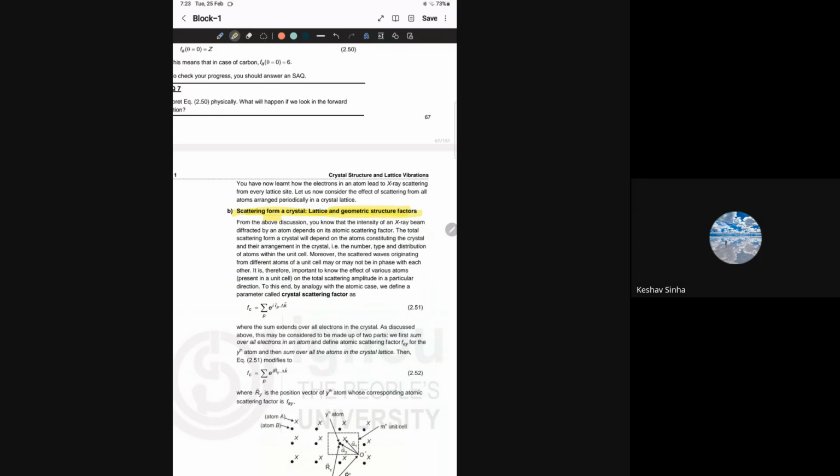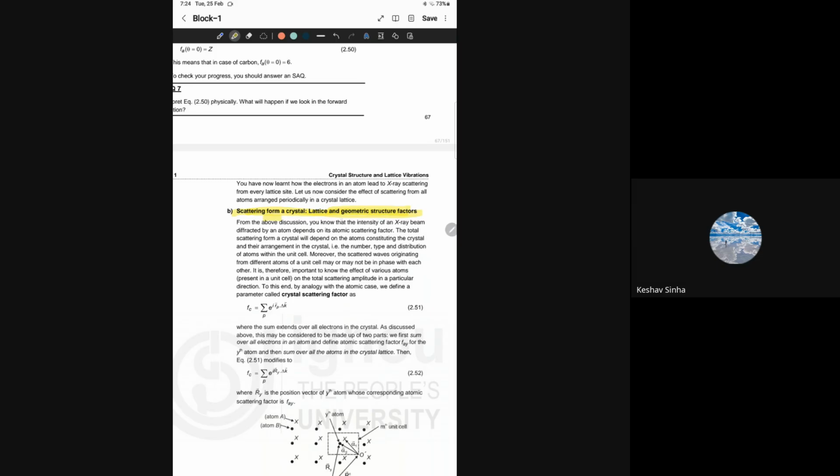So what is atomic scattering factor? If X-rays fall on an atom, the electrons of the atom will interact, and how much of the incident beam is scattered by an atom, that is basically your atomic scattering factor.